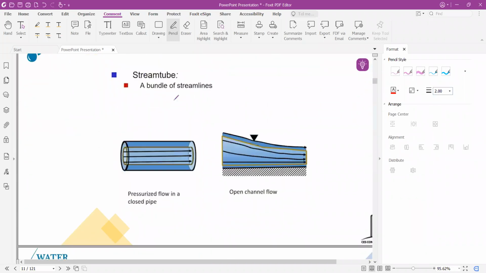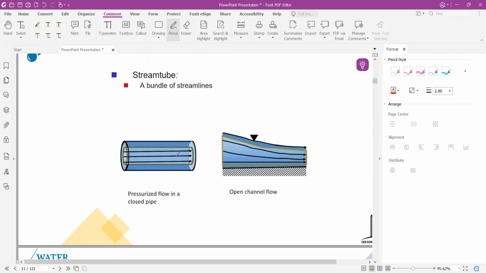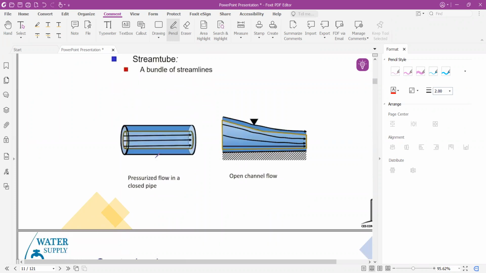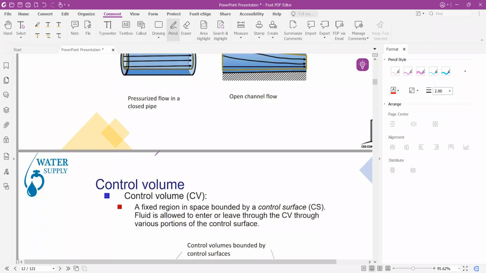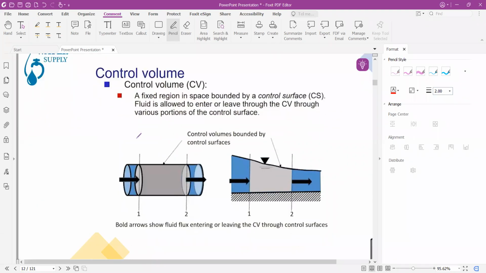So basically, when we study the fluid effect, the phenomena occurring in the pipe or in the open channel, we consider these streamlines as a stream tube. The composition of these streamlines is called the stream tube. Also, when we study any type of behavior of a fluid, we consider a control volume, where some water is going inside the control volume and going outside from that volume.